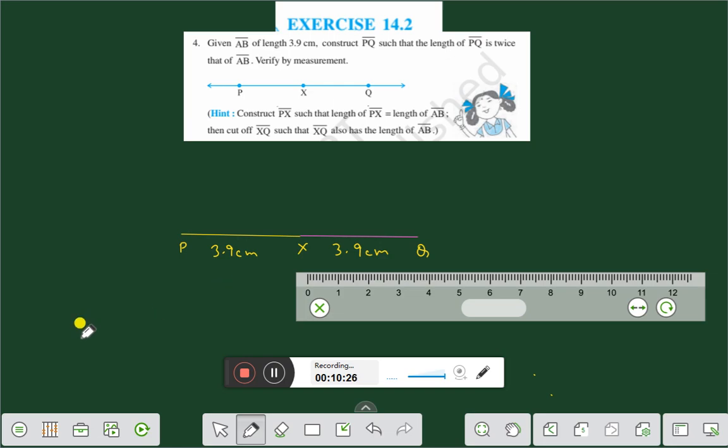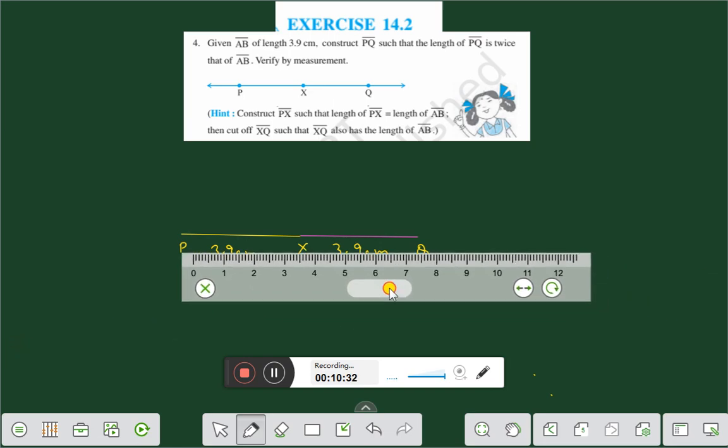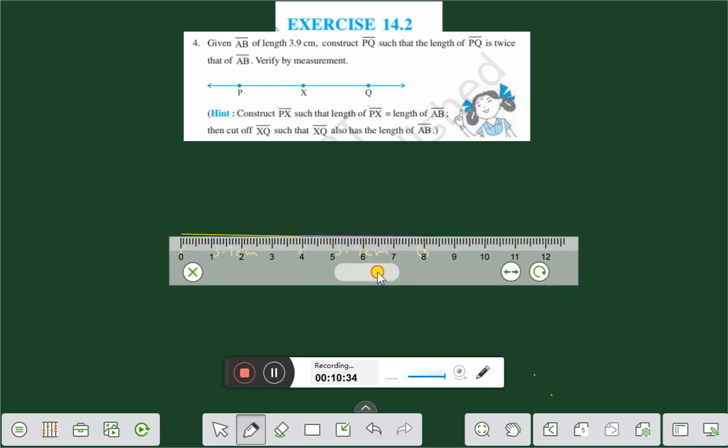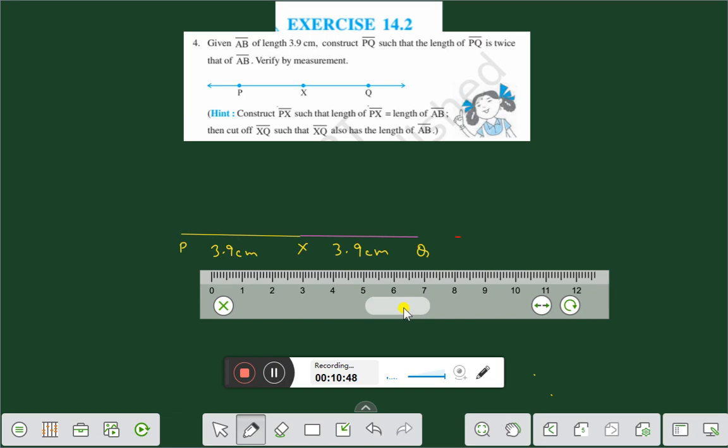Let us check by measurement. With the help of the scale, we check the value of this. It is 0, and it is exactly here, 7.8 centimeter.